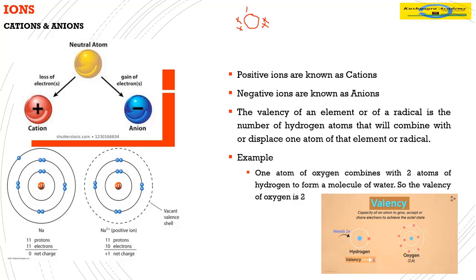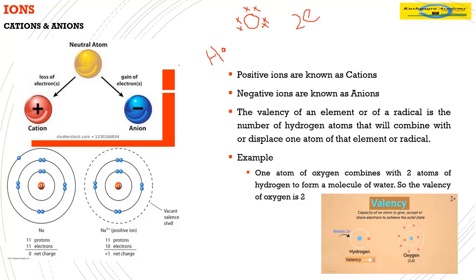To gain its octet it needs 2 more electrons. Hydrogen has 1 electron, so to gain its duplet it requires 1 more electron.